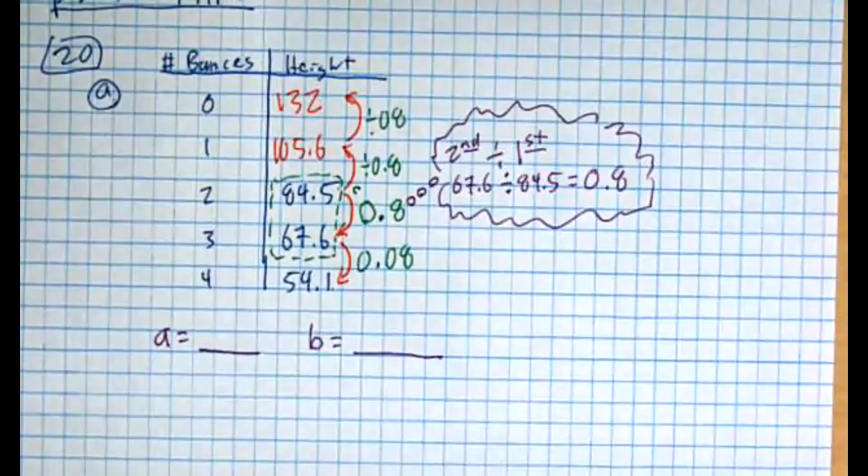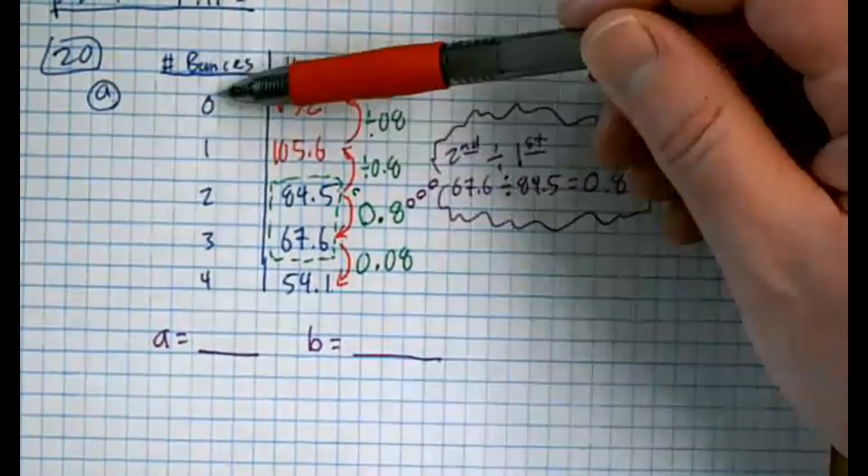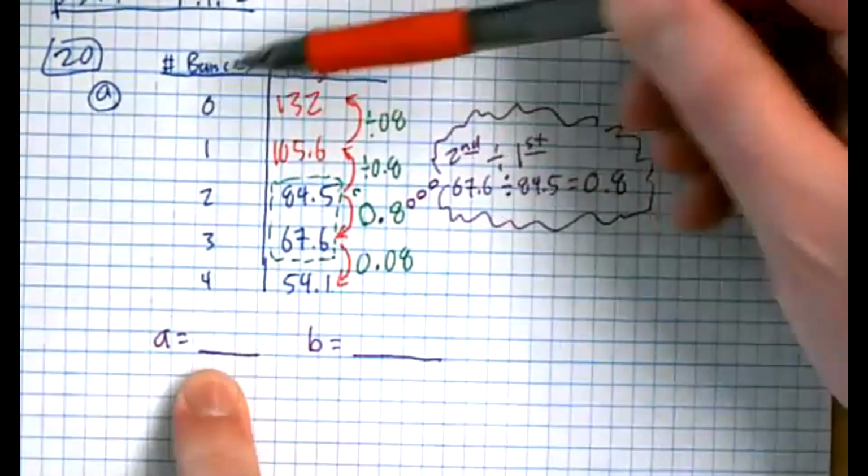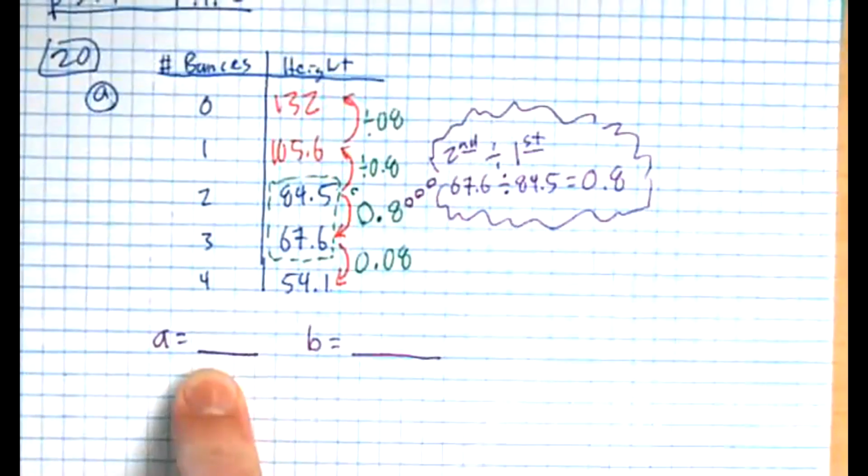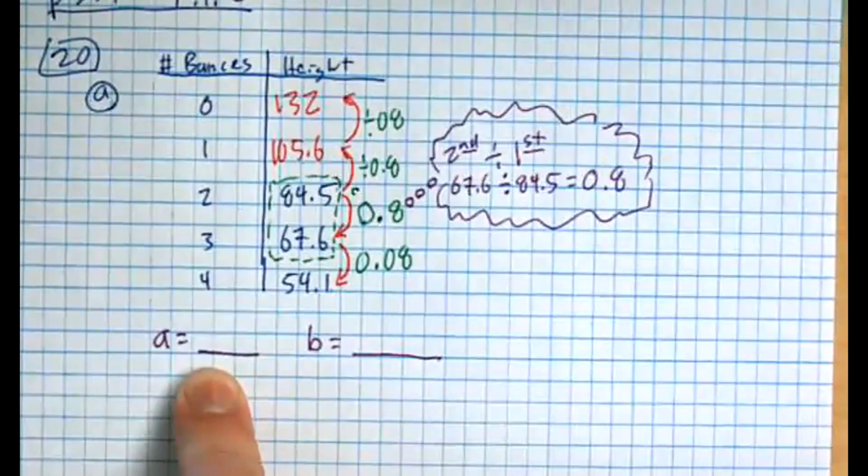Does anybody want to take a guess what A is for this table? This guess would probably be based on what you already know about geometric sequences. It has a lot to do with the 0, but A is not 0. Do you want to take a second guess? If you're looking at that part of the table, you're looking in the right place. What do you think A is?